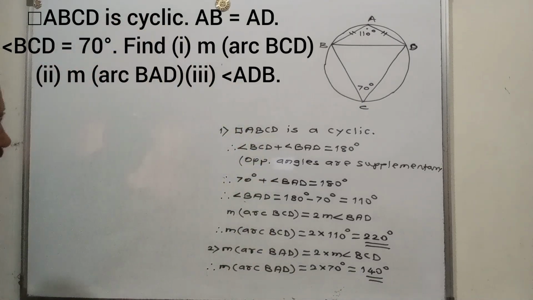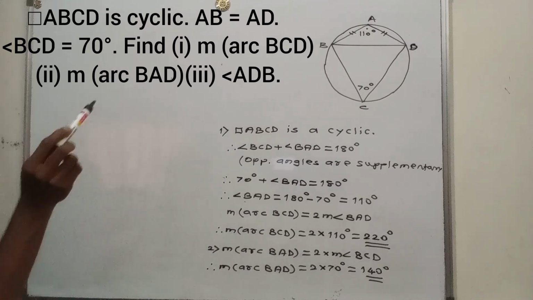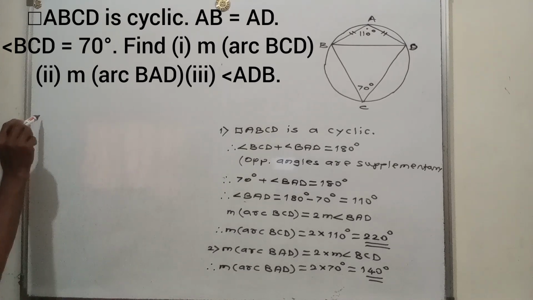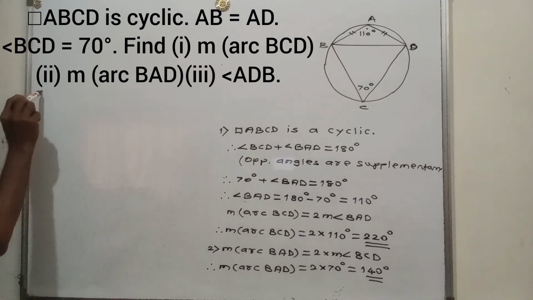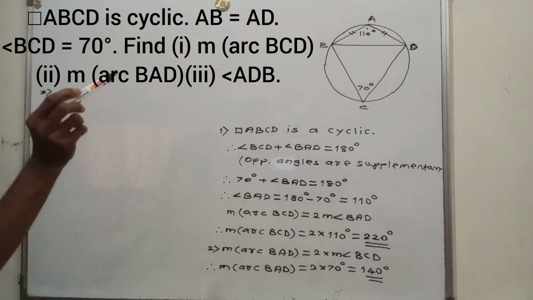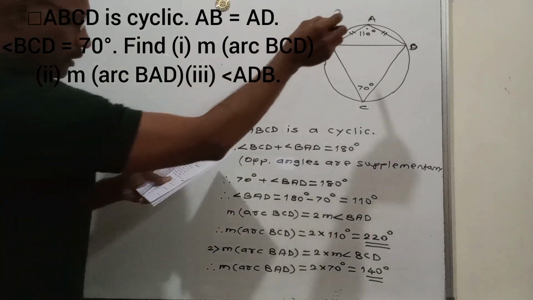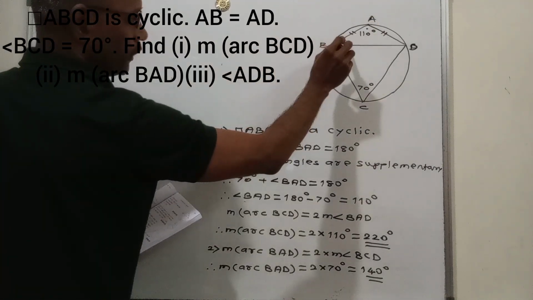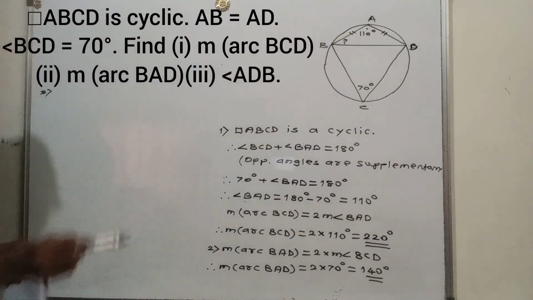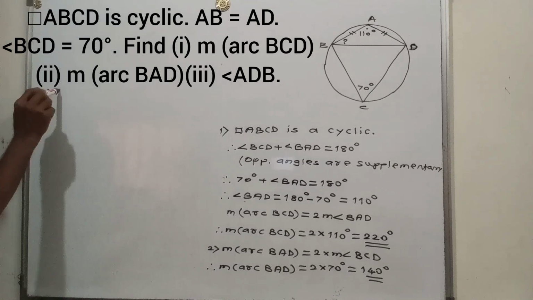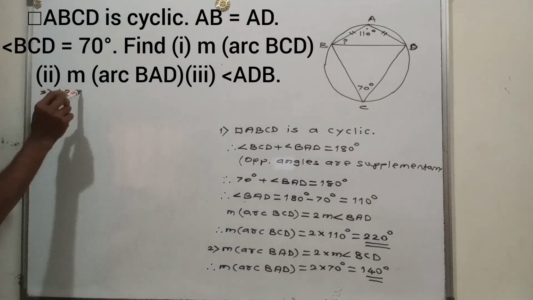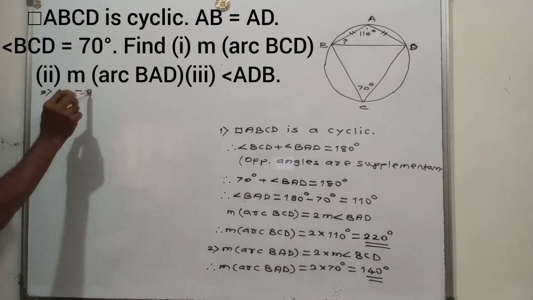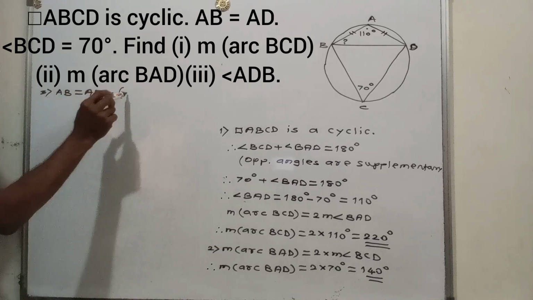Then the third one. What is our question? Find ABD. Now we are given first AB is equal to AD.